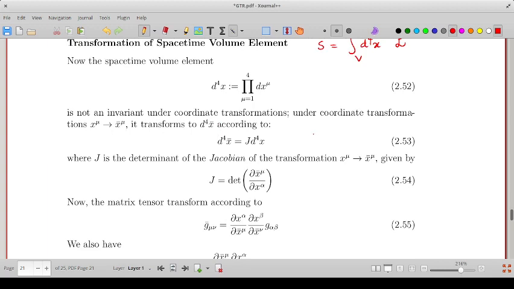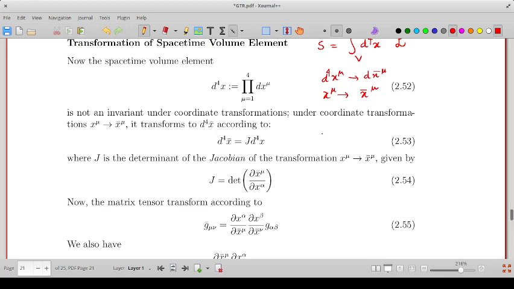In fact, if I consider a transformation from the set of coordinates x mu to the set of coordinates x bar mu, the space-time volume element will change from dx mu to dx bar mu, and they are related by the following formula.